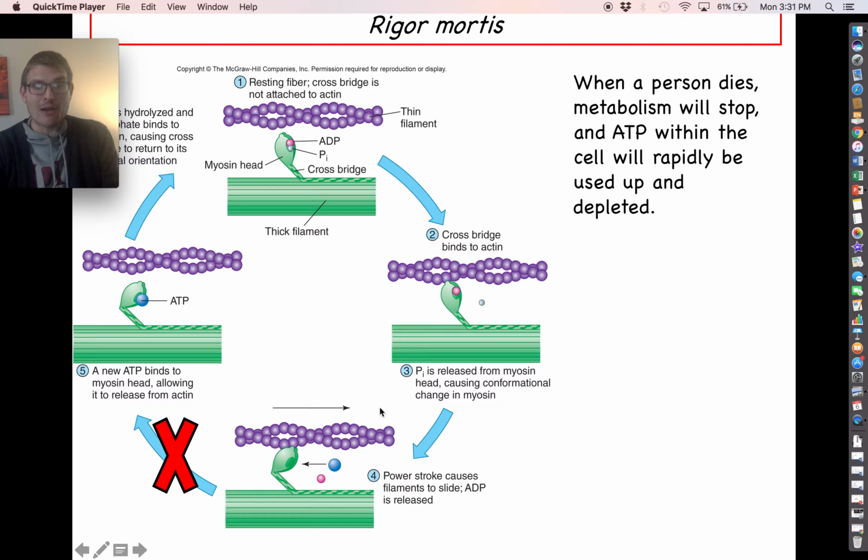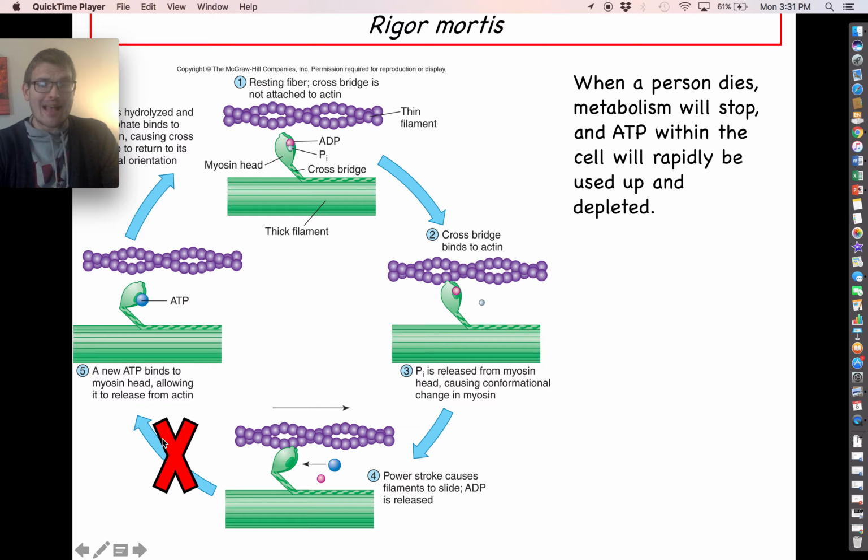This black arrow you see here is meant to indicate that the myosin head shifts itself forward and moves that actin filament along. We shorten the sarcomere and get our muscle to contract. So that covers everything from going from relaxed muscle to contracted muscle. Now from the perspective of the cross bridge, meaning the myosin and the actin, the last thing we need to cover here is how do we go back to relaxed muscle.